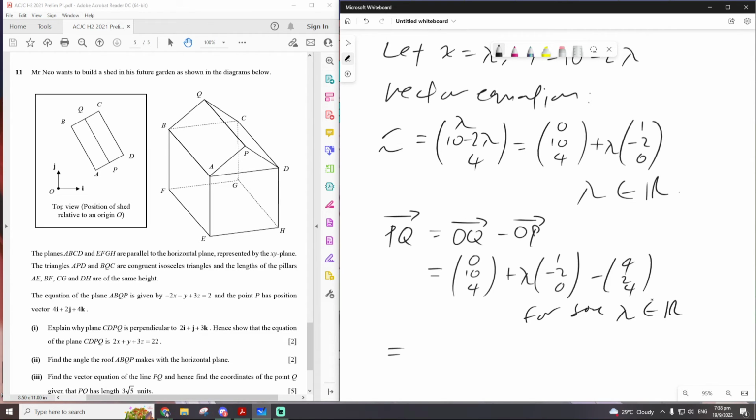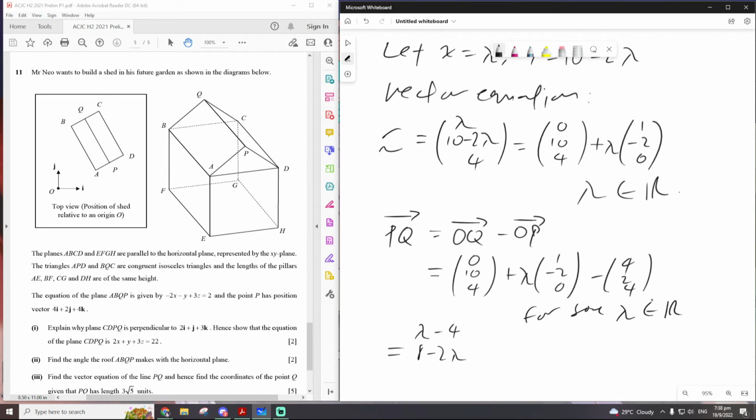Okay, and then of course this is lambda minus 4, minus 2 lambda plus... no, 8, sorry. 8 minus 2 lambda.